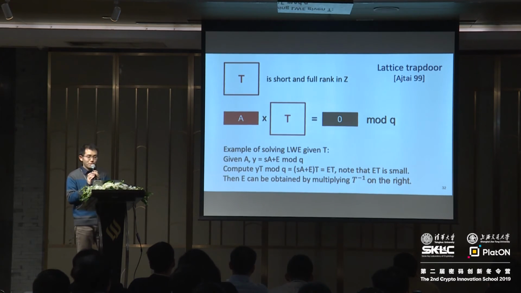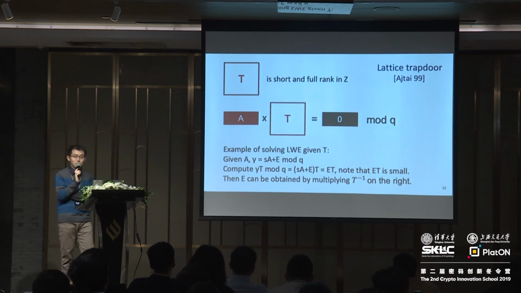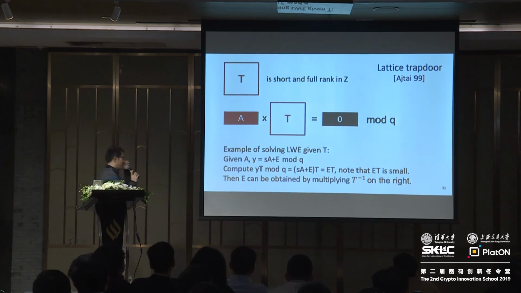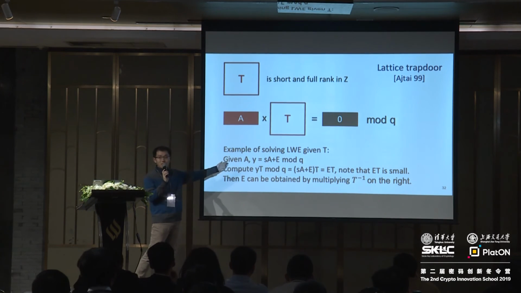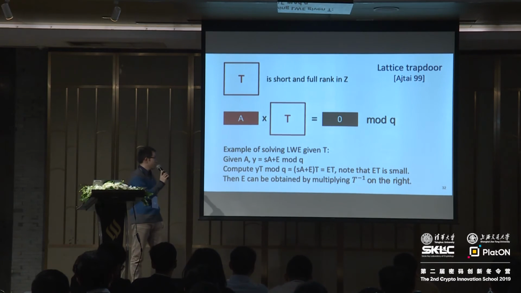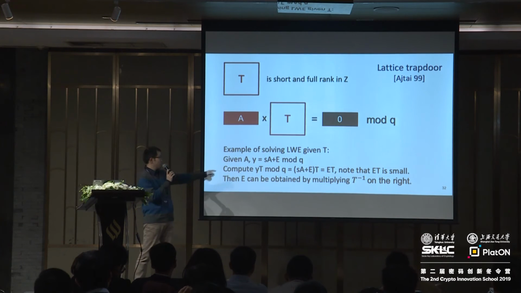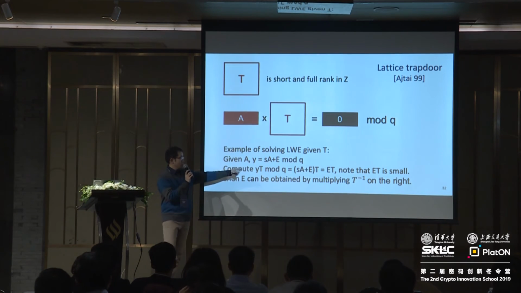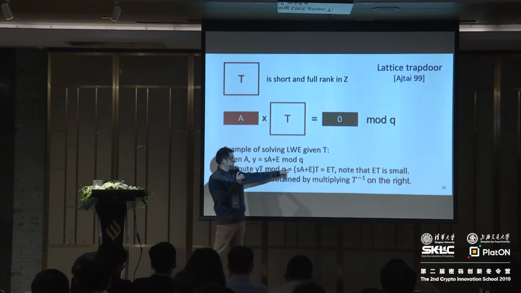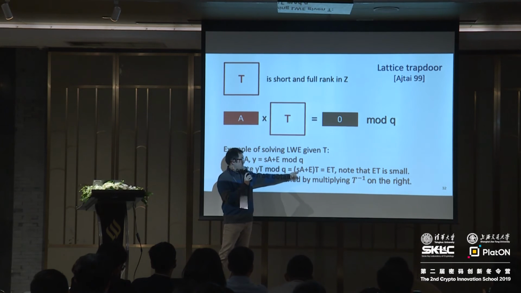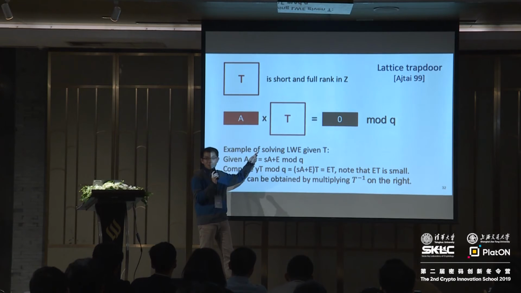So let me give you a brief example of at least showing you how to use such a T to solve the LWE problem. Suppose you're given a matrix A and Y equals SA plus E as the LWE sample. What you can do is compute Y times T mod q, and you get (SA plus E) times T. SAT equals 0, because A times T equals 0.